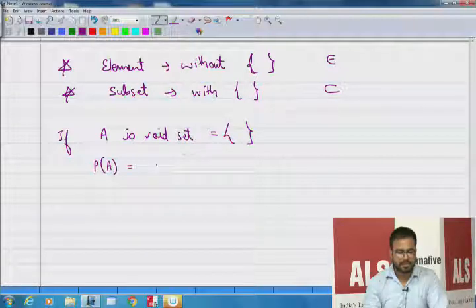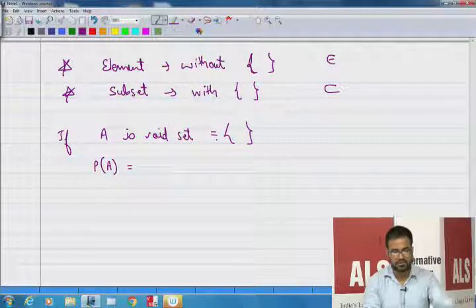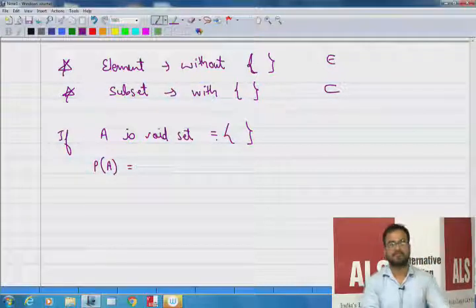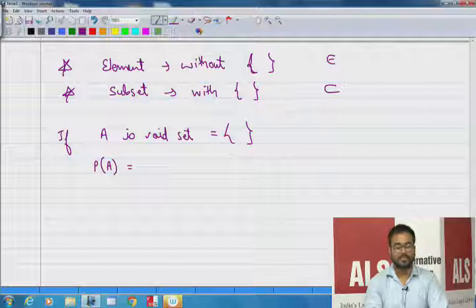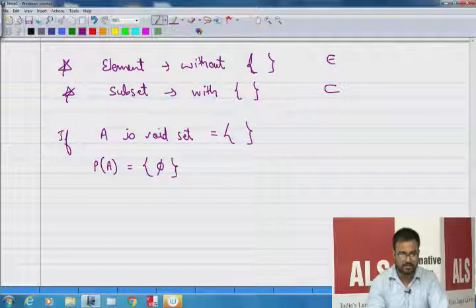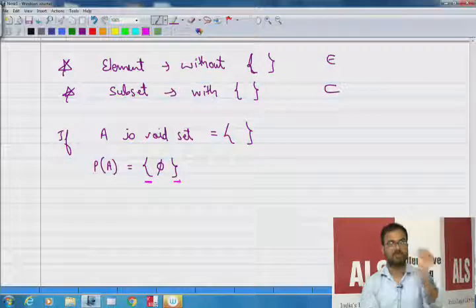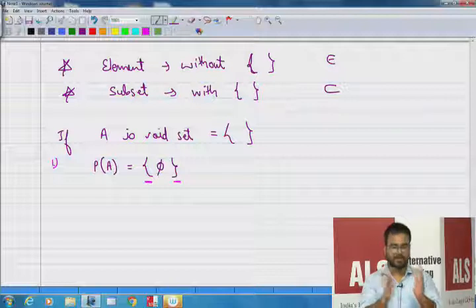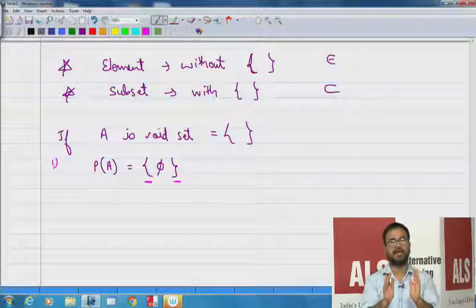Now the power set of A: you can see nothing is in this one, so the only subset would be the empty set. The empty set is always a subset of every set, so phi will be there. These brackets which I have placed over here are for this P, this power. Now this set is the first step. In this first step, in this power set of A, we have one element like this.